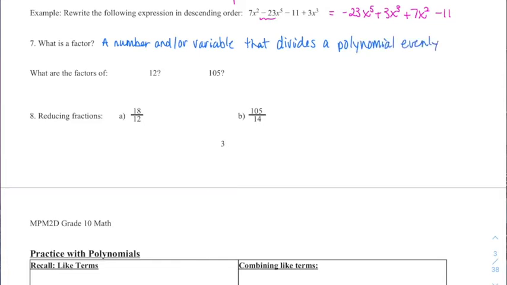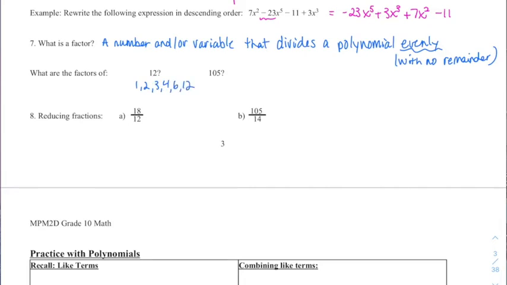And what does evenly mean? It means with no remainder, okay? So again, this is review. What are the factors of 12? Well, we know that all the numbers that divide 12 are 1, 2, 3, 4, 6, and 12, right?